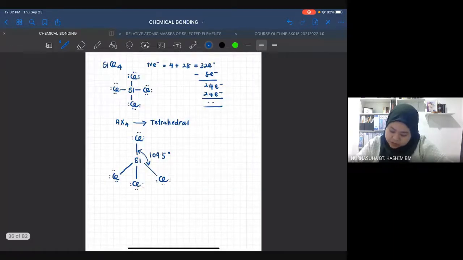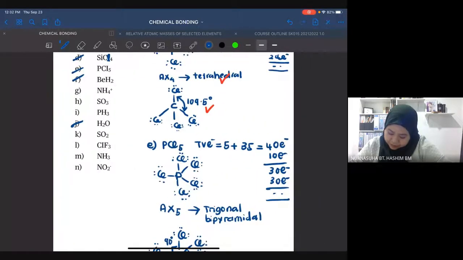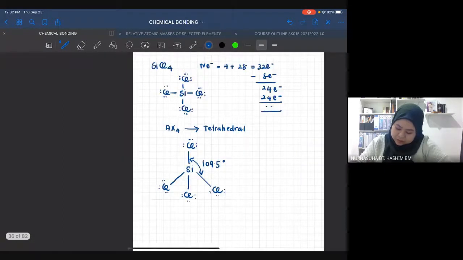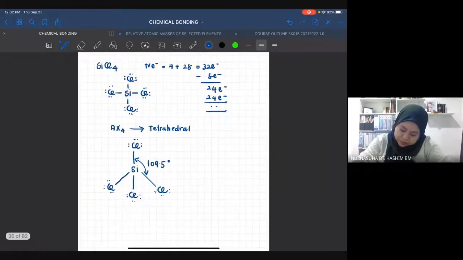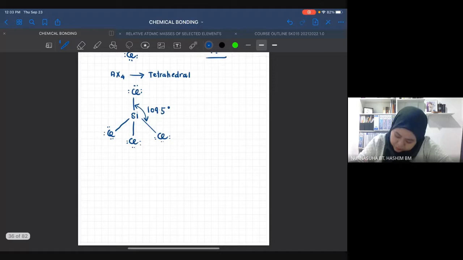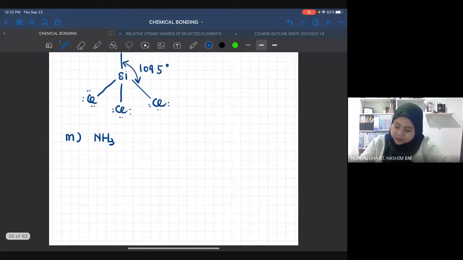Okay, let's do one more example with lone pairs. Madam takes NH3, ammonia. Madam skips the calculation part. You should get the Lewis structure for ammonia.